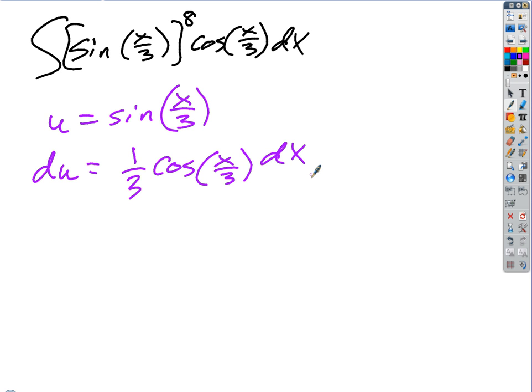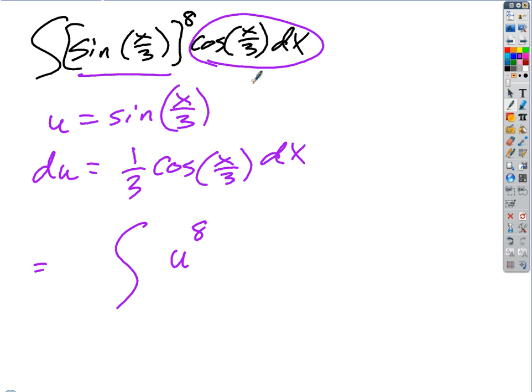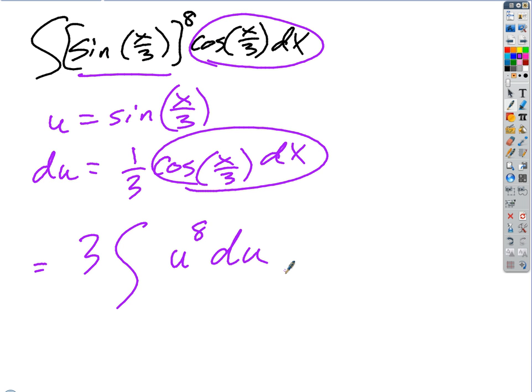And so if we make that substitution, that's just going to be a u to the 8th, right? And what's this going to be? Cosine of x over 3 dx. If I isolate that in terms of du's, what is that? 3. Okay, I multiply both sides by 3, so I get a 3 du, right? We just get there a little quicker.